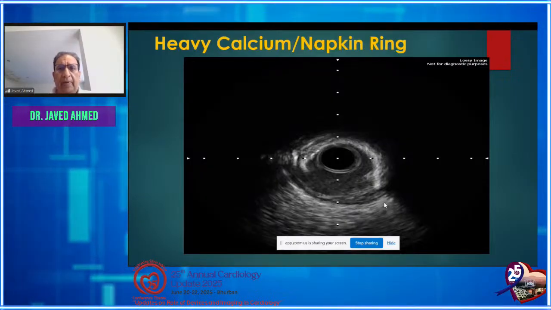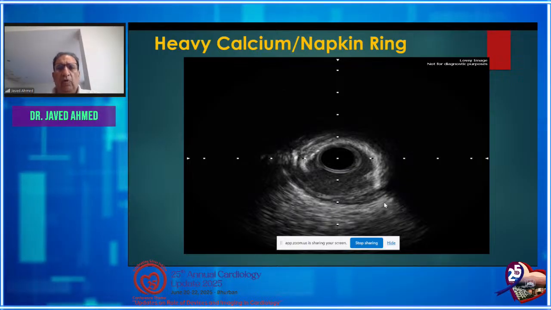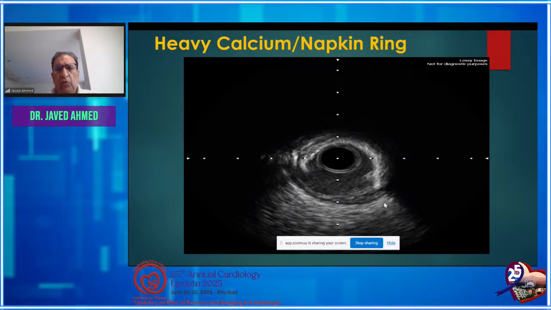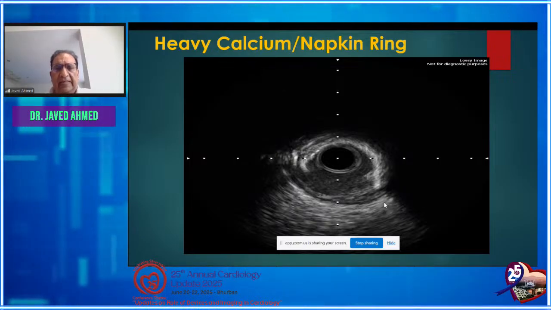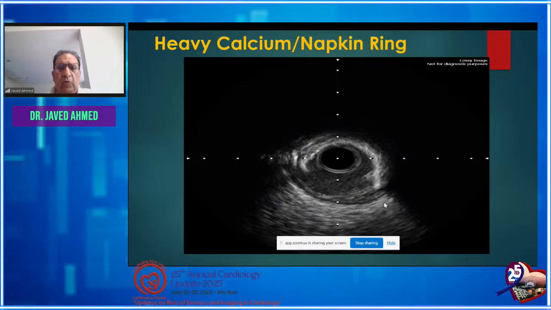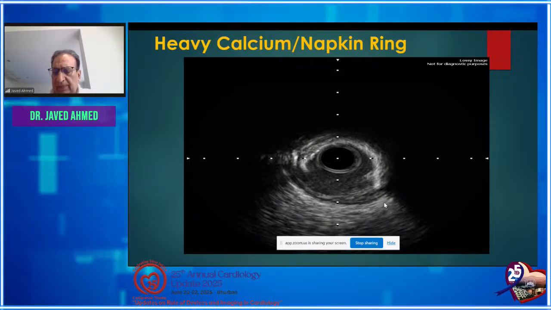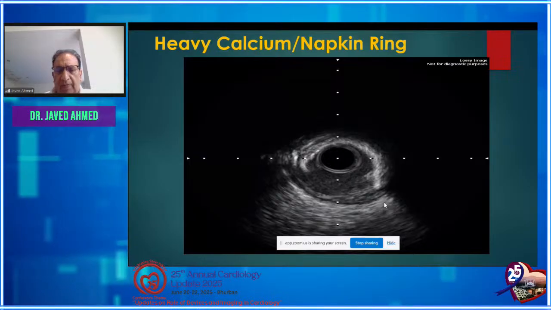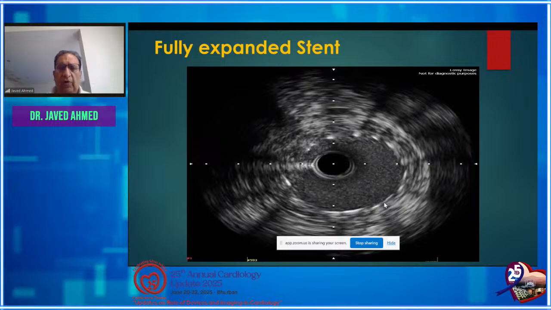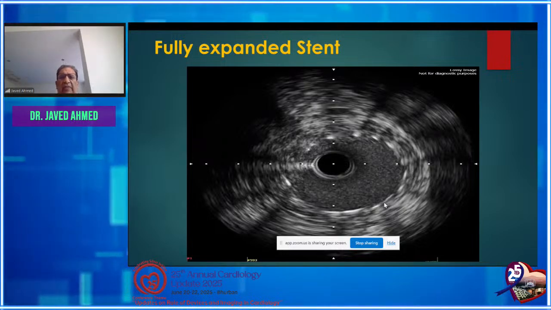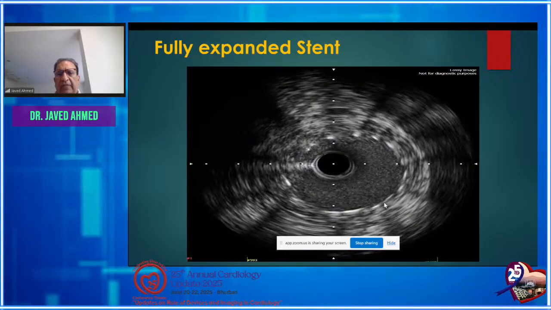It is also called the napkin ring, where the whole circumference of the artery is calcified, and as you can see, there is no shadow behind the calcium. That is the way to recognize immediately that there is calcium in the coronary or peripheral arteries. This is an example of a fully expanded stent where the stent struts are fully apposed to the wall of the vessel.